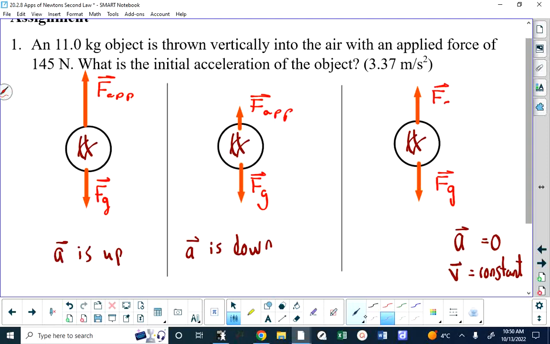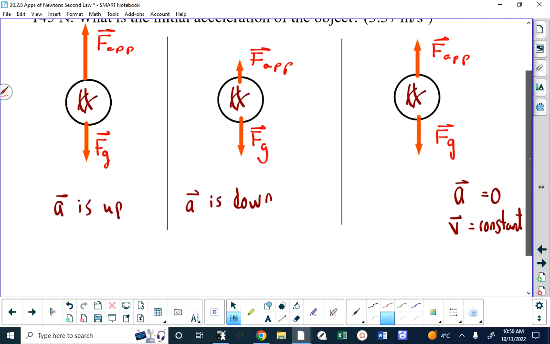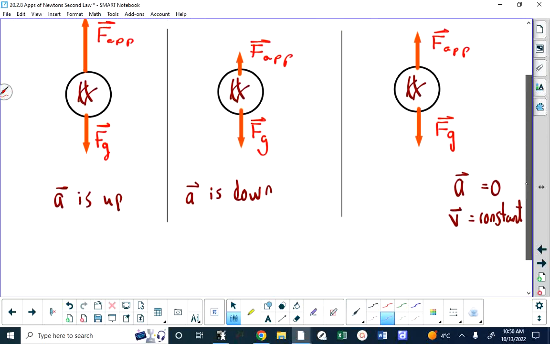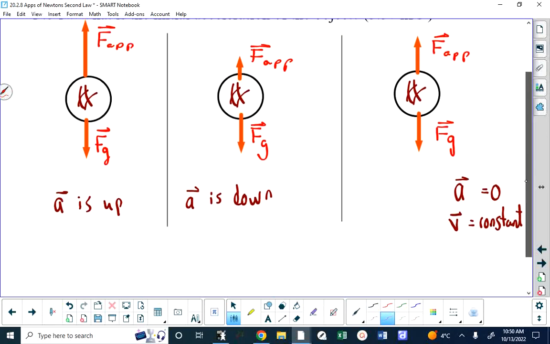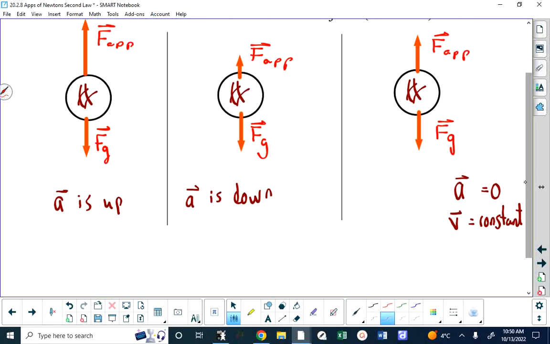How is this useful in terms of analyzing the motion? Well, in this case, the net force has a magnitude that's equal to the magnitude of the applied force minus the magnitude of the force due to gravity. You can build a formula from that.